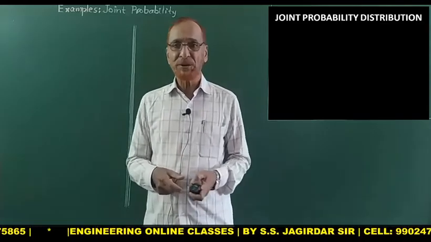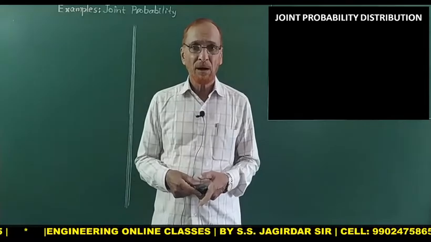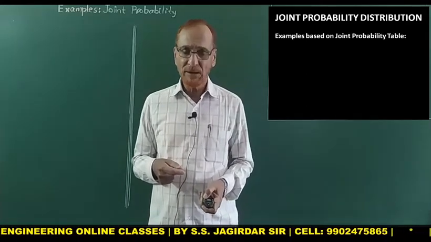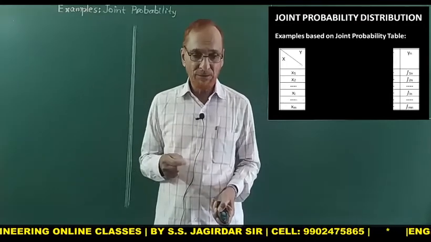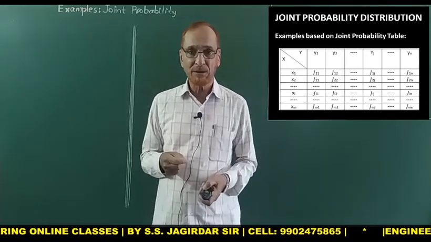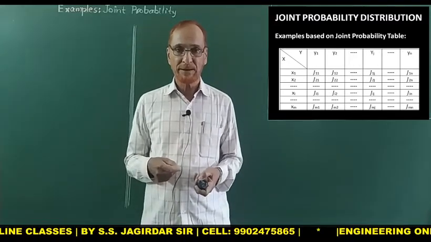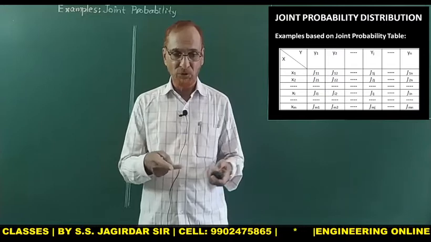A joint probability distribution. The examples are based on the joint probability table, which you are aware of; in the theory we have discussed this table. There are many boxes you can see.